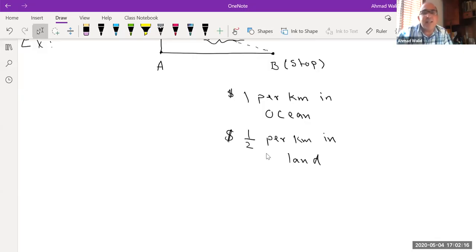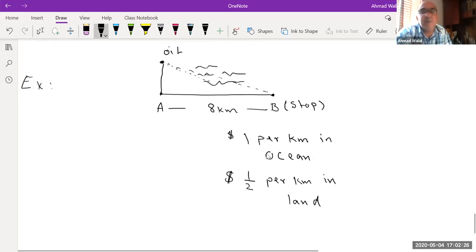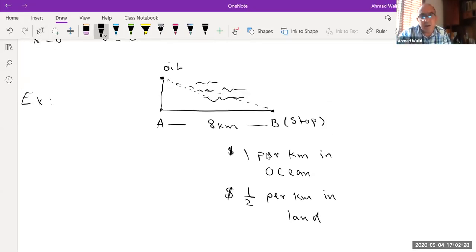For example, the total distance from A to B is 8 kilometers. And the distance from the sea to this point of the land is 5 kilometers. Now, you can follow this picture.